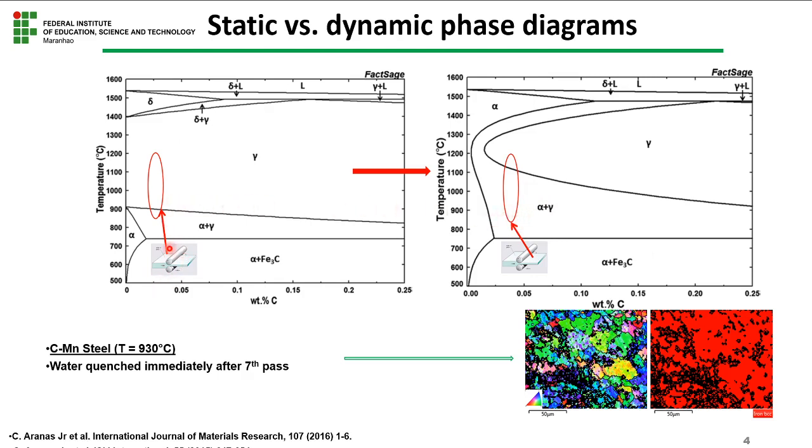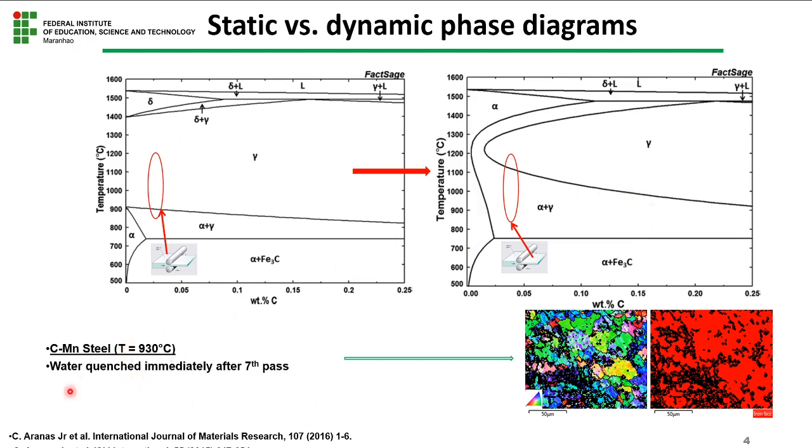Normally, before the application of the rolling, this kind of dynamic or static diagram can be considered. But actually, what we have been seeing through our research is that ferrite is transformed from austenite due to the application of the rolling. So instead of deforming only austenite, we can see that the volume fraction of ferrite increases.